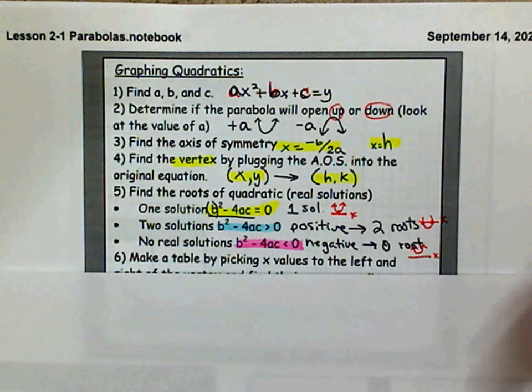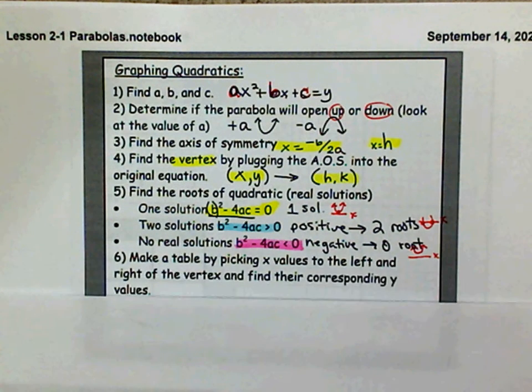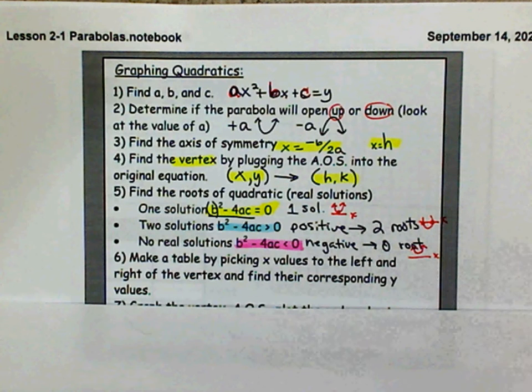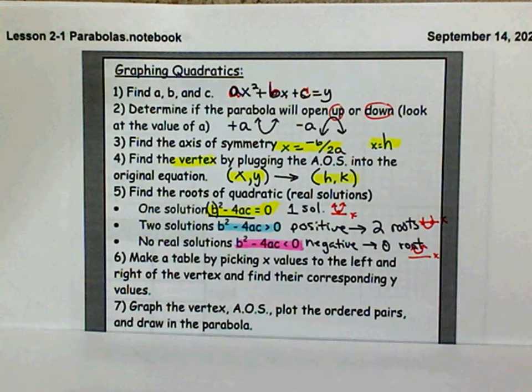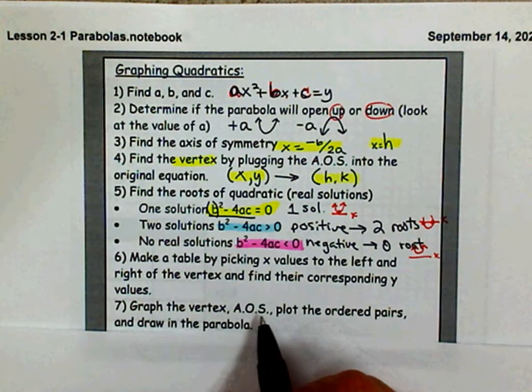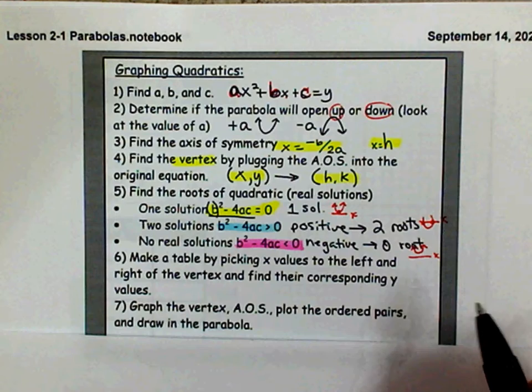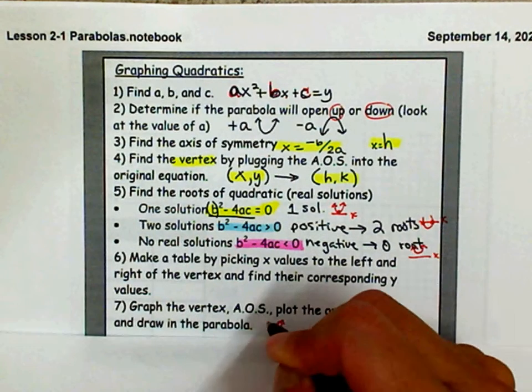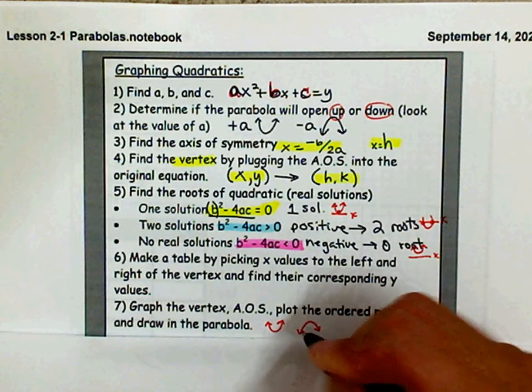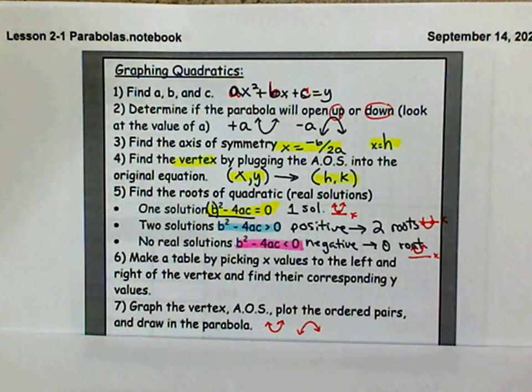And then you can make a table, the values to the left and the values to the right, and then you find the corresponding y, and that's how you graph. Number 7, you're going to graph the vertex, the axis of symmetry, plot the ordered pairs, and draw a parabola. And remember, a parabola can open up or it can open down. If you are not done copying down these notes, please pause and copy them down.